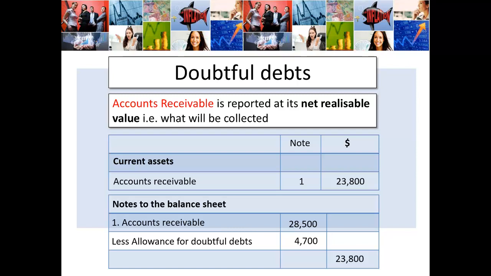Accounts receivable would be $28,500 before allowing for our doubtful debts. Then we subtract the allowance for doubtful debts, in this case $4,700, which gives us our accounts receivable figure, which we'll report in the balance sheet with the note accompanying it.